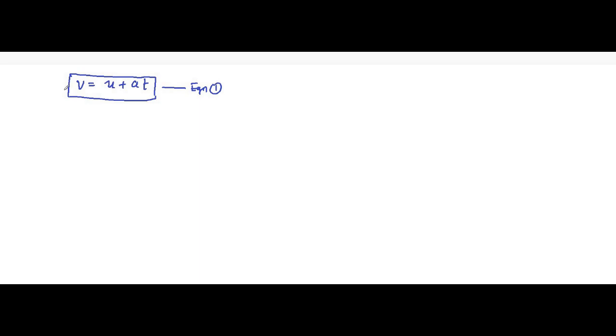Suppose we want to write this final velocity for the object, which started at time t equals 0 with initial velocity u.